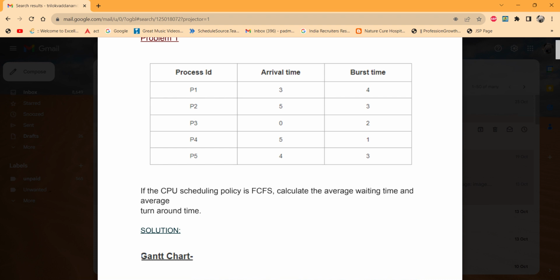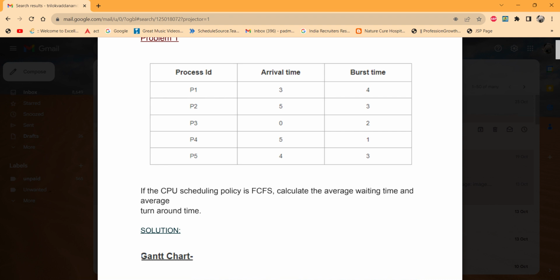As I have already told you, burst time is the number of units that a particular process is allowed to execute with the CPU or work with the CPU. So it indirectly tells us how much time or how many units of CPU need to be allocated to the process to complete its input output operation.